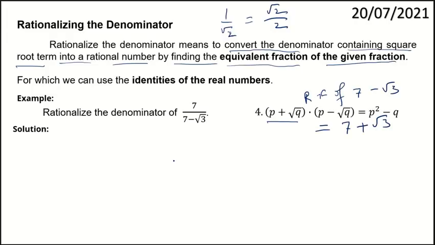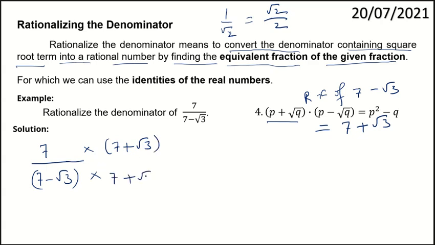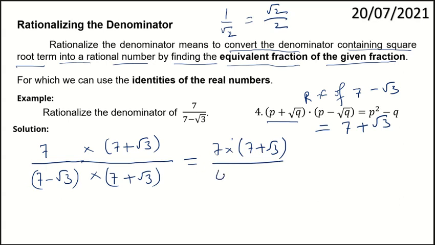So with that I will rationalize 7 upon 7 minus root 3. I multiply the numerator by 7 plus root 3, and the denominator also by 7 plus root 3. When I multiply, it becomes 7 into 7 plus root 3 upon 7 into 7, which is 7 square, 49, minus root 3 into root 3, which is root 3 square, 3.